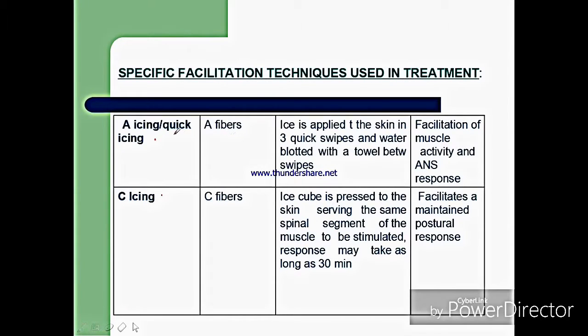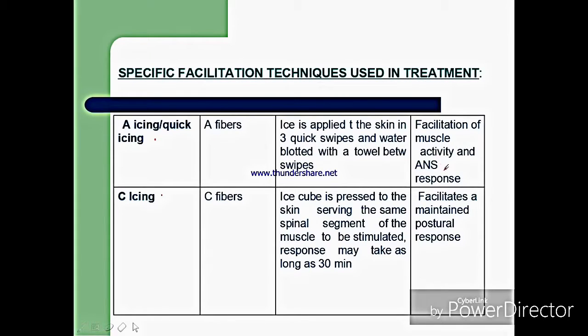A icing is the application of quick swipes of the ice cube to evoke a reflex withdrawal similar to the response of the light touch. Quick icing is used with flaccid or hypotonic types of muscles.